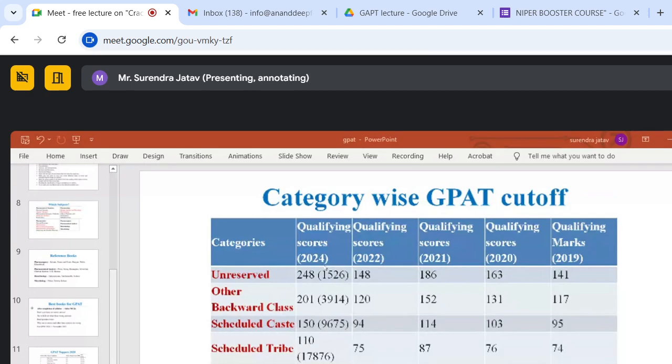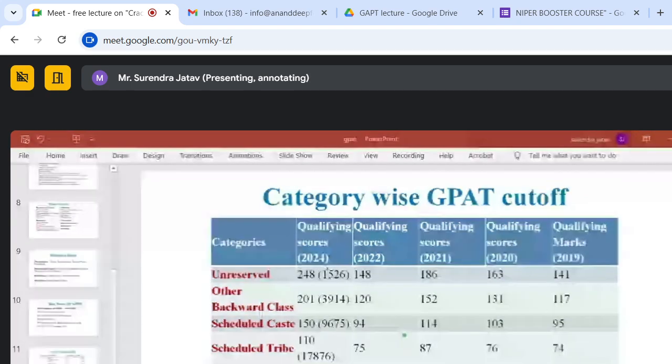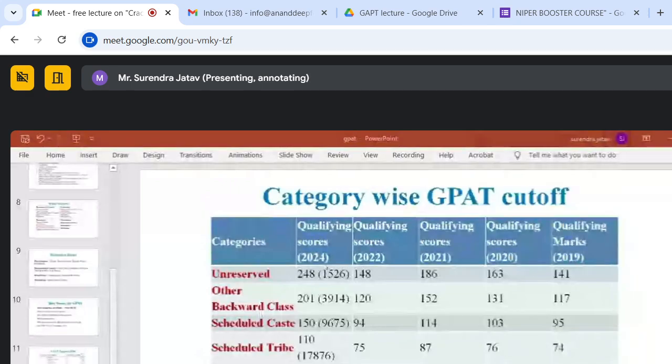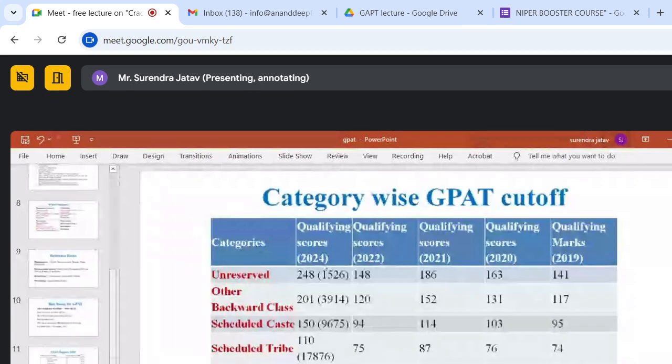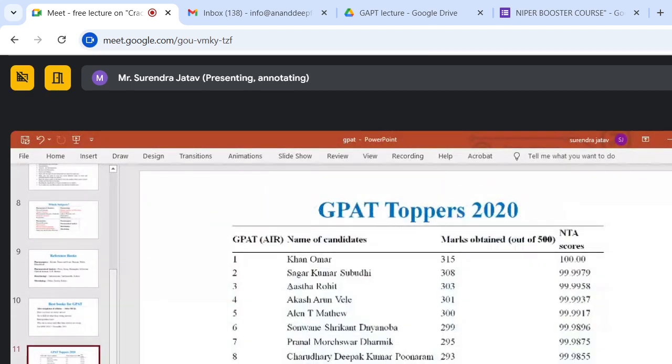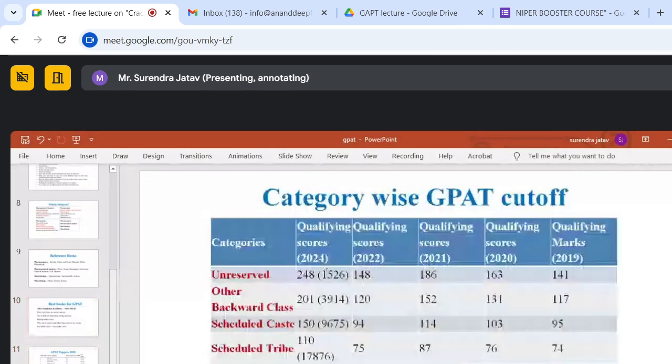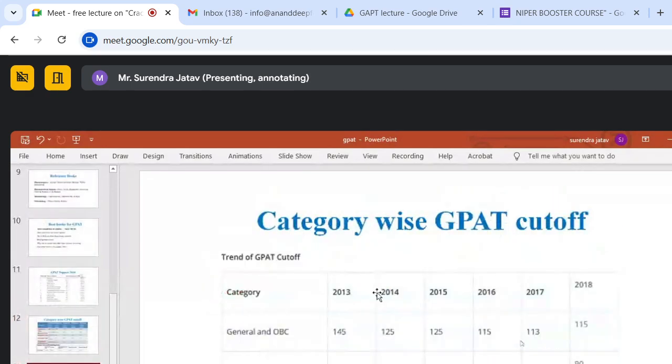So that is what I want to tell you in a simple way. Now I think you might get some confidence. Okay, such low marks can also be enough.